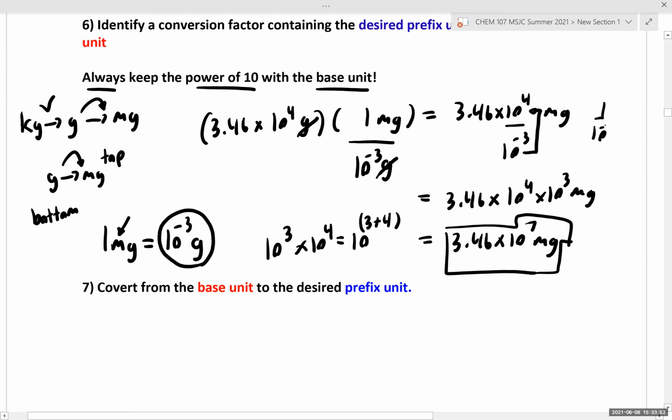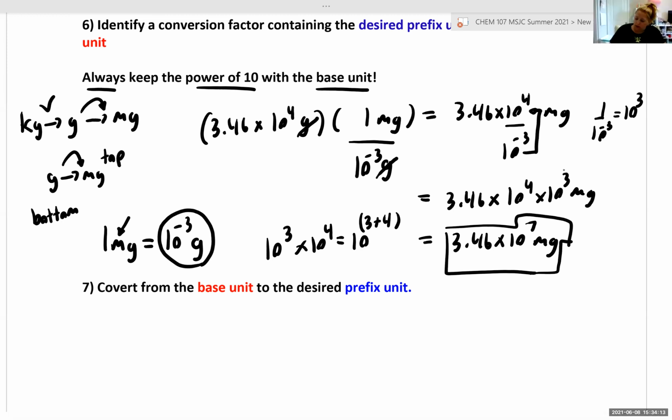So 1 over 10 to the negative third corresponds to 10 to the third. Okay, so that's just a simplified version of everything you just said. Yes, exactly, perfect. And then once you have your two positive exponents, you just add them together. Did that answer your question? It did indeed, thank you.